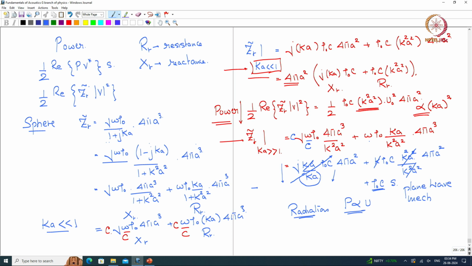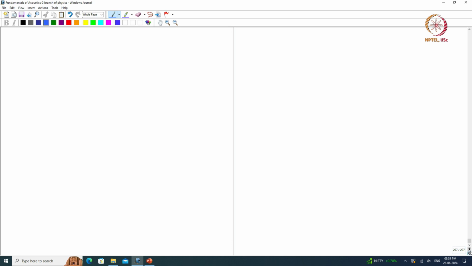Now let us look at another case here, which is our piston in a baffle.